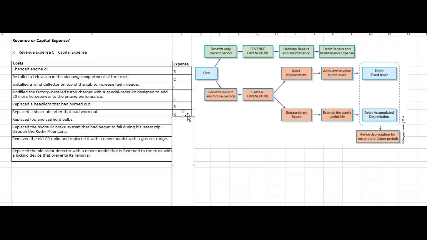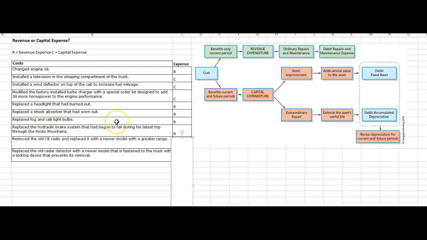A hydraulic brake system? That's a repair. You're not really adding anything to it except for increasing the safety of using it. Again, I skipped one. I replaced the fog and cab light bulbs.